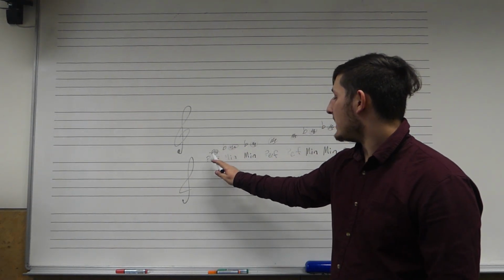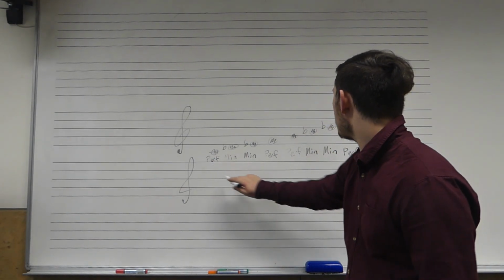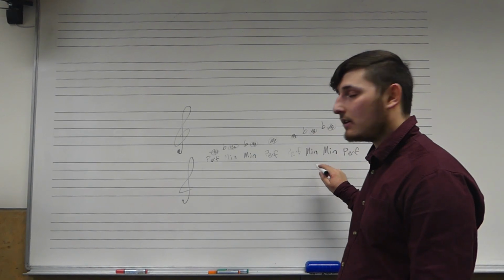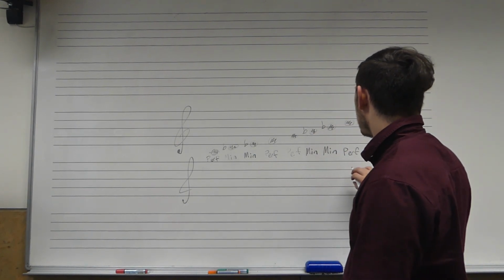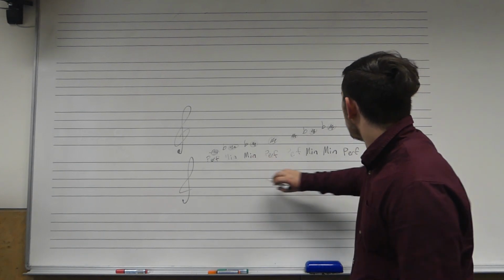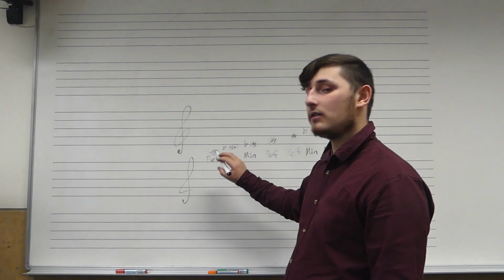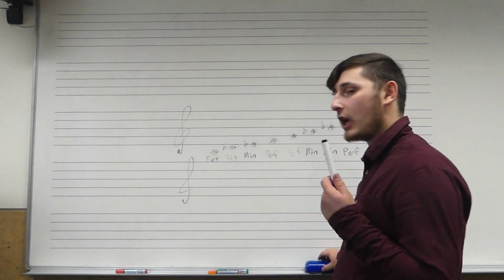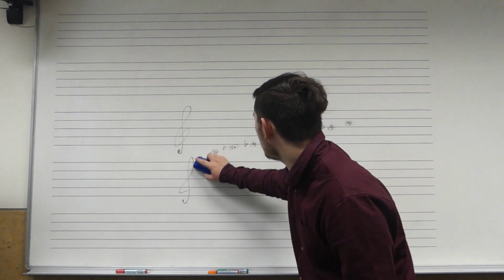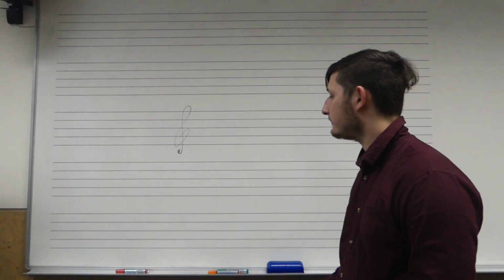So C to A flat is a minor sixth, but that doesn't mean that any of these others are minor or perfect. It's just from the root. So if we change the root, then we're going to have different accidentals.